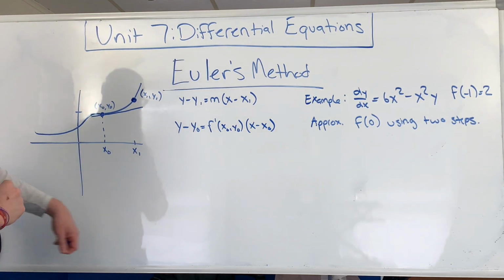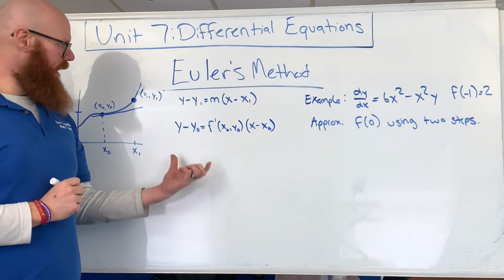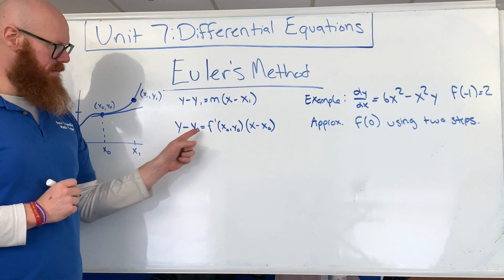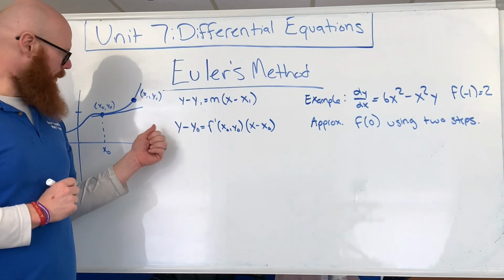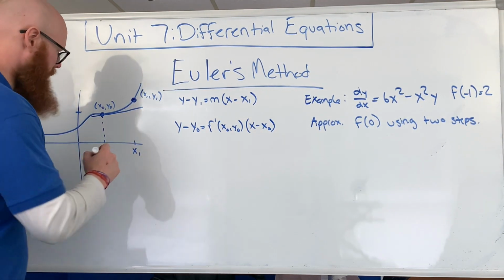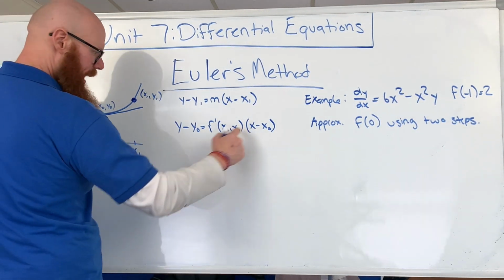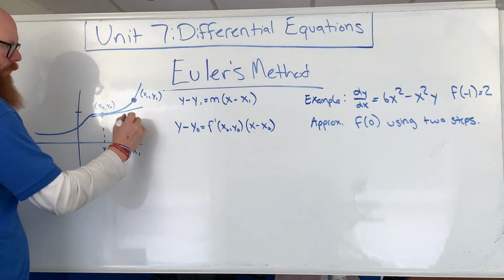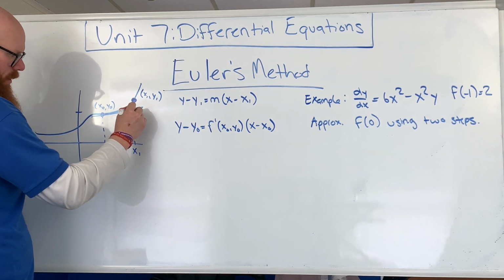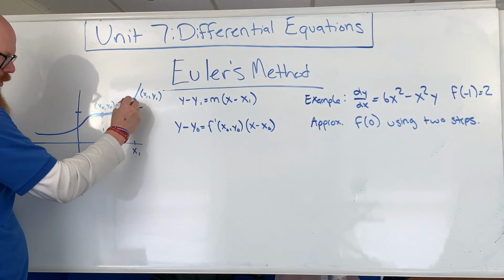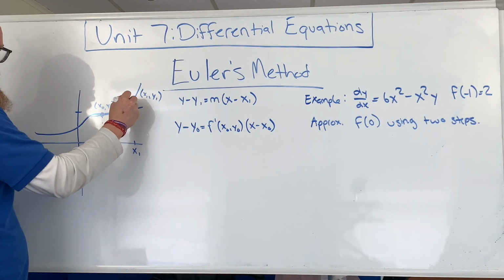And what happens is, this is now going to end up giving us, if we want to approximate this point, this equation, if we plug in x1 into this line, it's going to approximate y1, all right?